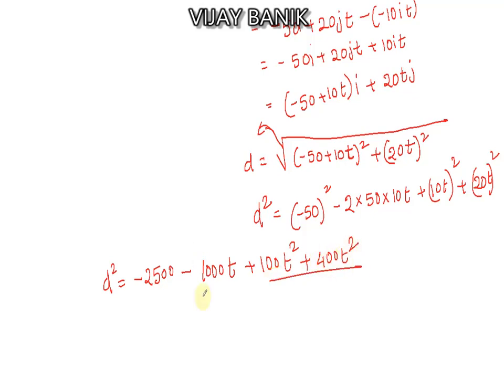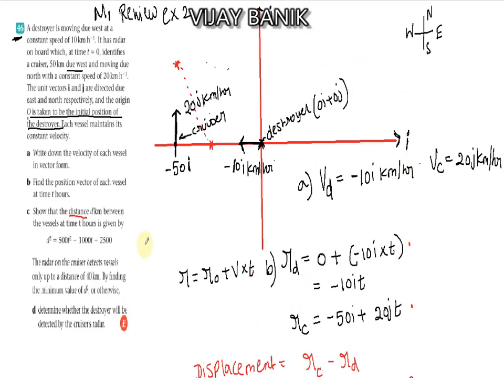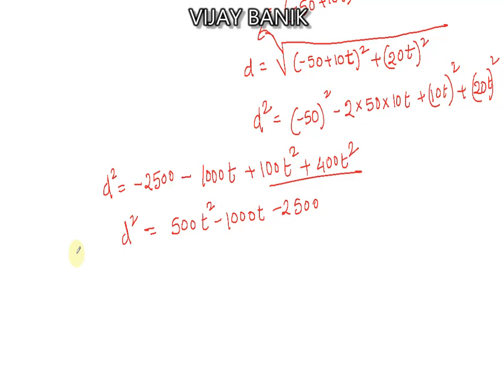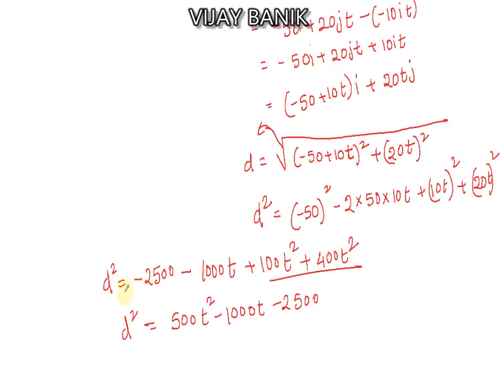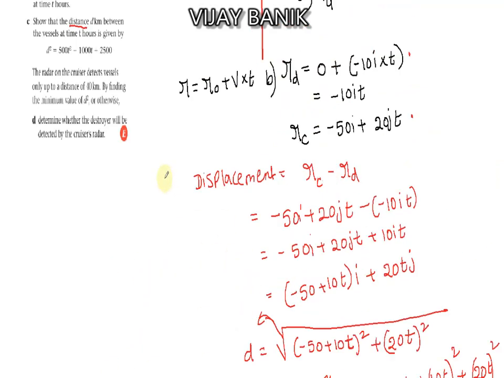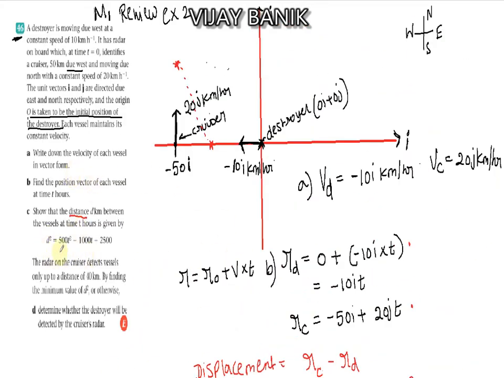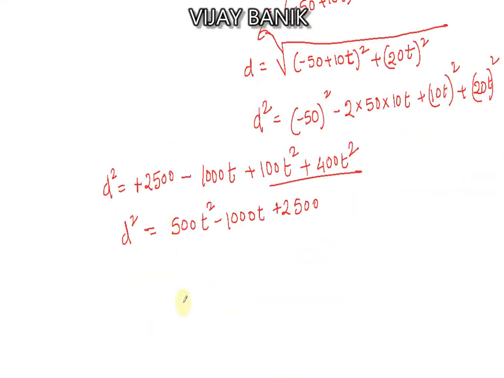So if I add these two, it's going to be 500t square minus 1000t plus 2500. That's what our d square is all about. I had some sign issues: since it's a square, it's going to be positive. So we proved the equation in part C. Done, hence shown. Let me make a box here.